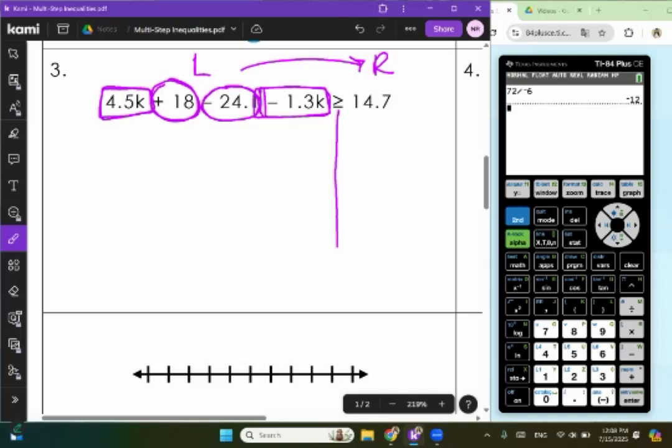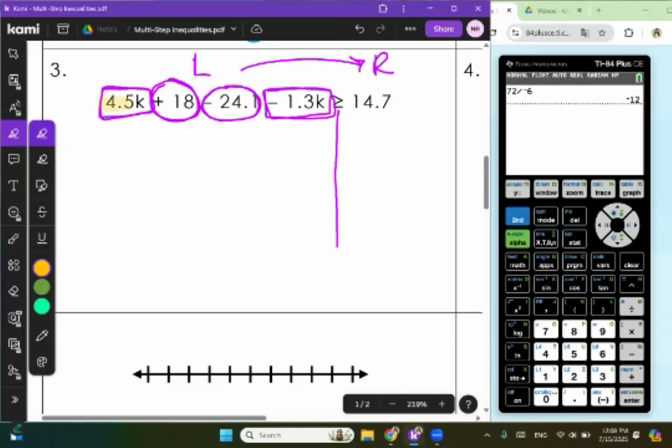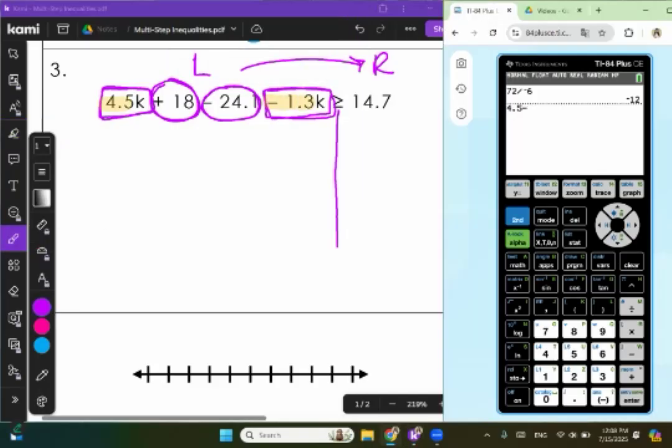We got 2 circles, 2 boxes. So starting with the boxes, 4.5 minus 1.3 is 3.2.